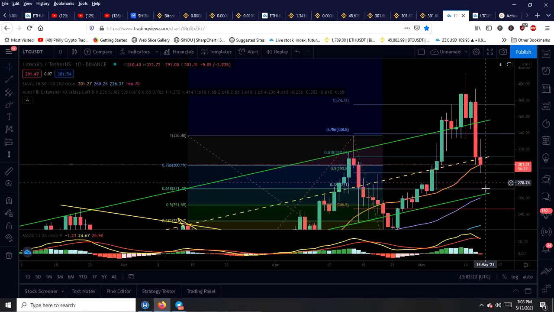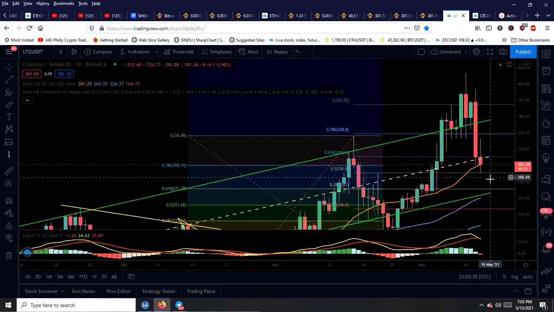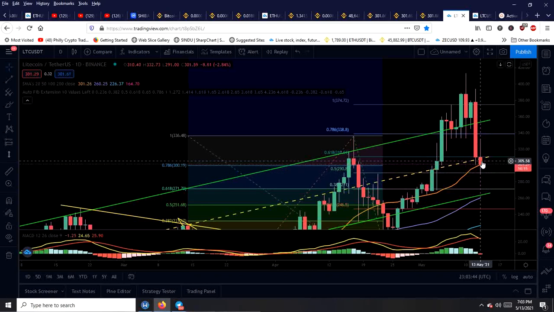That's important. But if we were to get some more downside of Bitcoin, we could come all the way down to the top of this ascending parallel channel, and the 50, which is at 260, right? I don't know that we're going to get that low, but the point is, this is why we watch, because anything's possible, and we must watch Bitcoin, because right now we are selling.